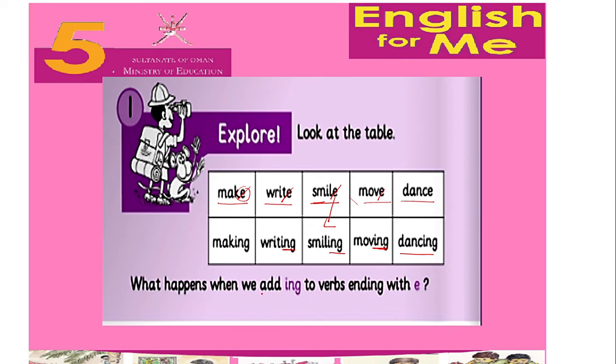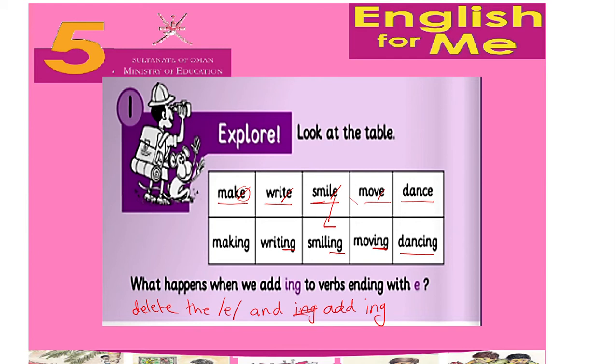What happens when we add ing to verbs ending with e? Very good. What happens? We delete the e, my students. And what after that? And add ing. We delete the e and add ing.